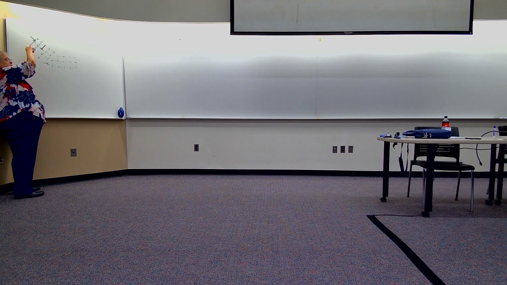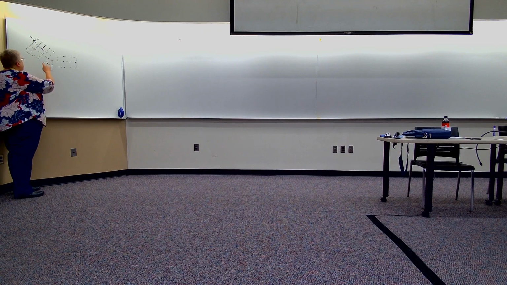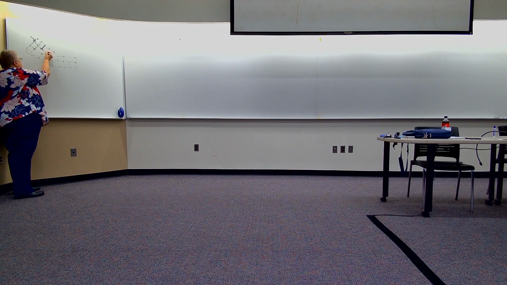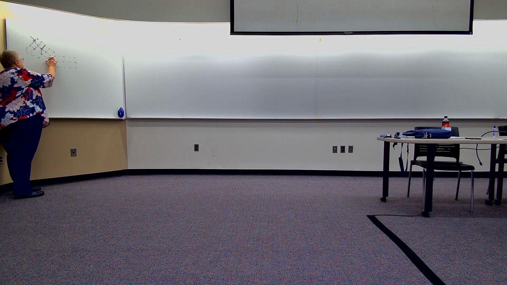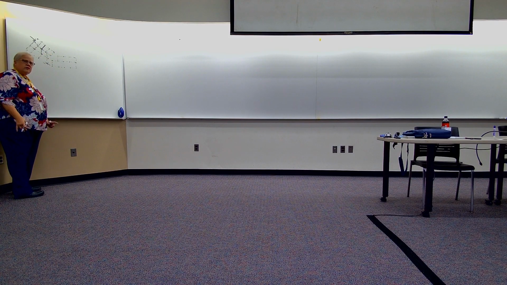When this stress gets big enough, this bond breaks, and that bond forms, and everything kind of shifts. And then this bond breaks, and that bond forms, and everything sort of shifts.